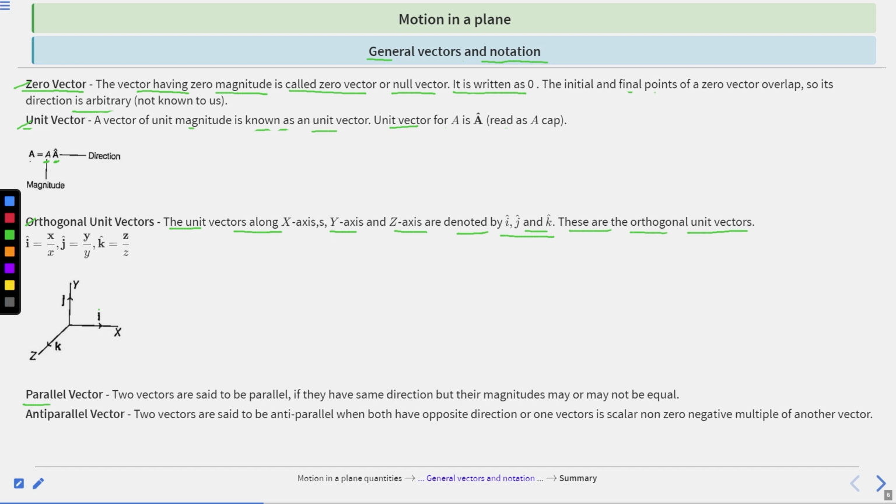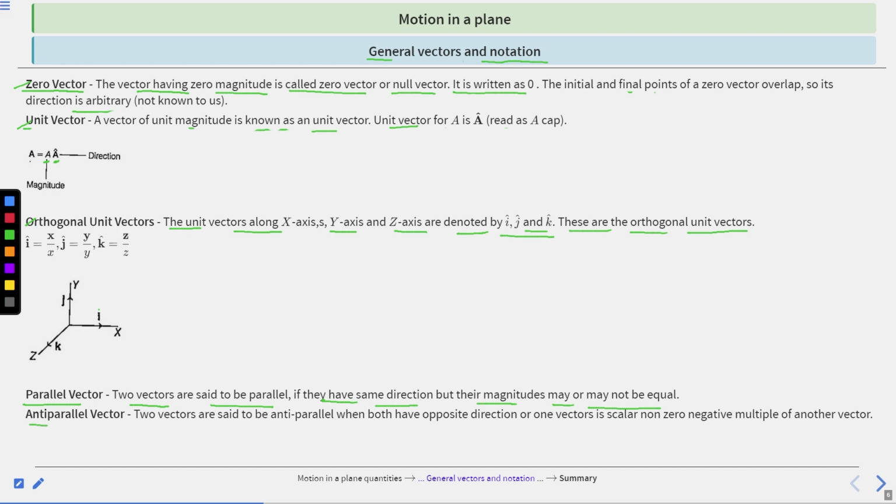Parallel vectors: two vectors are said to be parallel if they have the same direction but their magnitude may not be equal. Clear? So this is known as parallel vector.